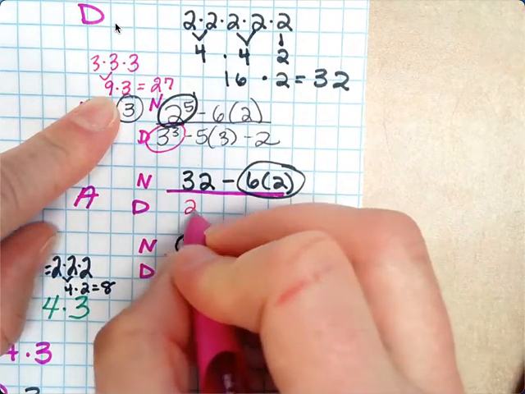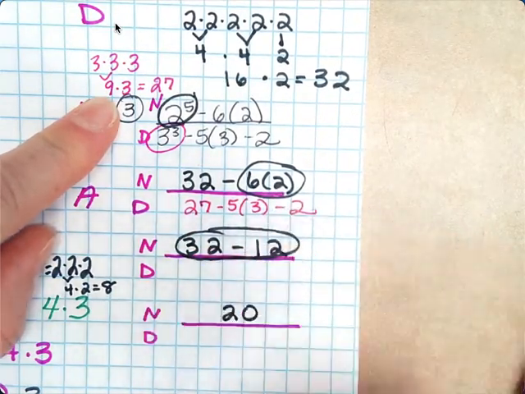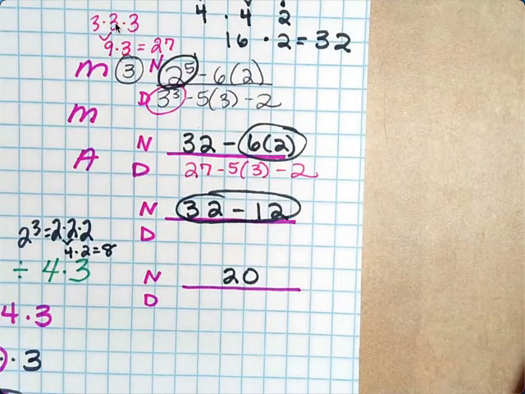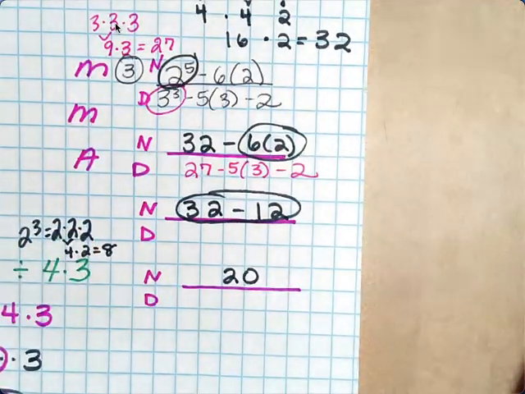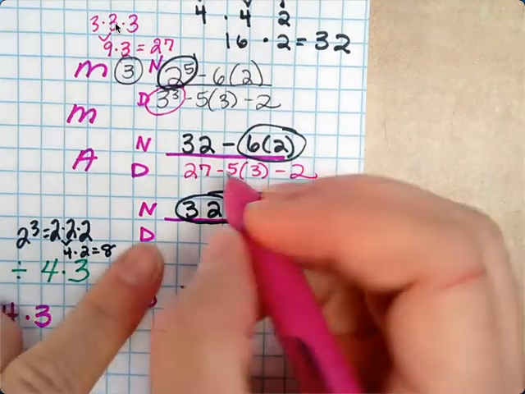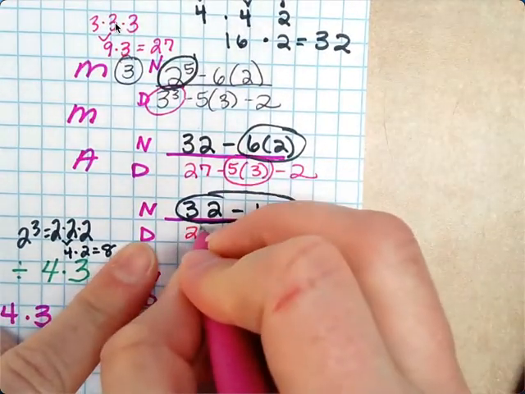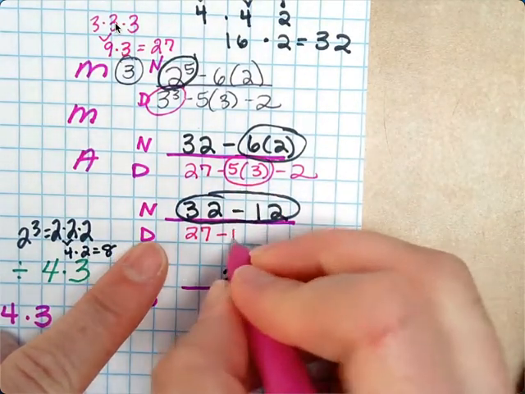So that would be 27 minus 5 times 3 minus 2. Next is what? Is 5 times 3. Yep, 5 times 3 because it's multiplying. So I still have the 27, but I do 5 times 3. 15.